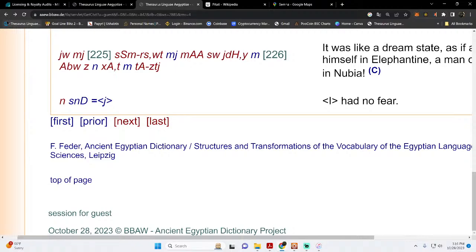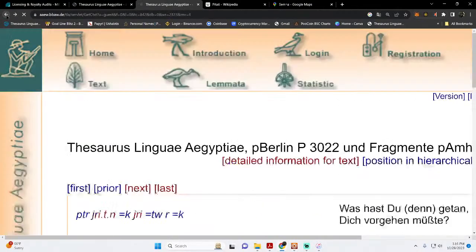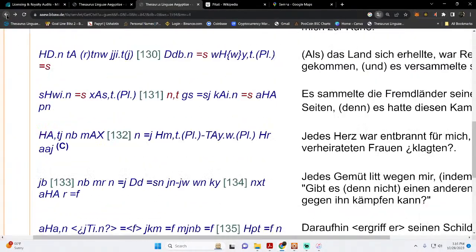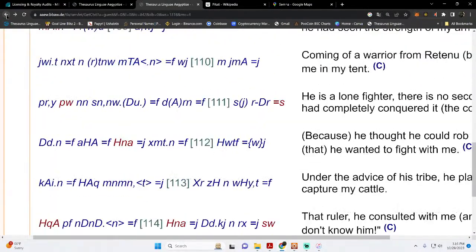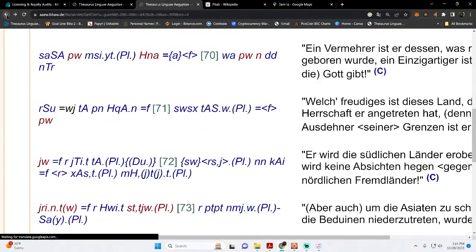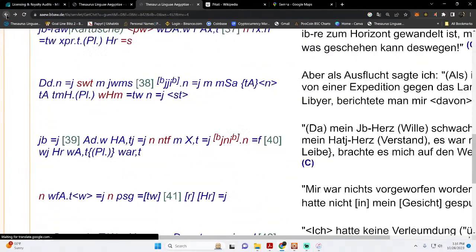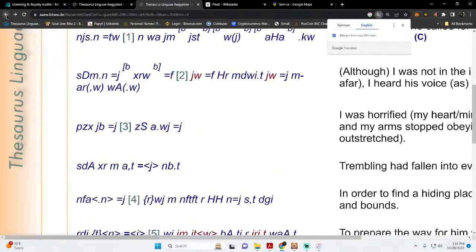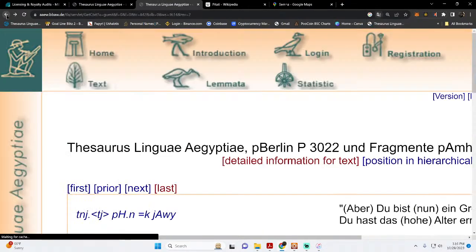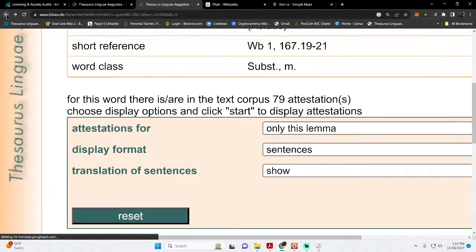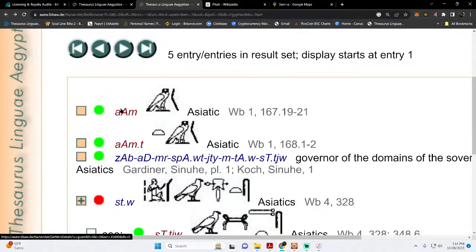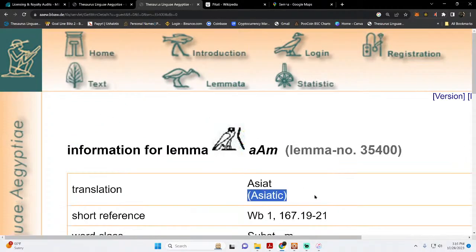Well, that says a barrier of the Delta. If I go back to Asiatic, what you'll see is when we click the word, it's not going to say Easterner or Asiatic. It's only going to say this means Asiatic, all the way. Watch, I'm just doing it the slow way. Here it go. See, it only has one definition.